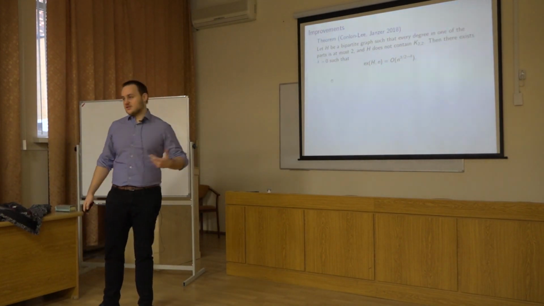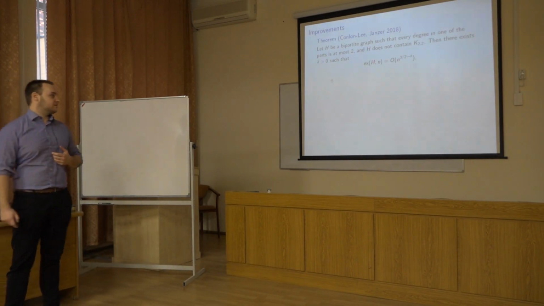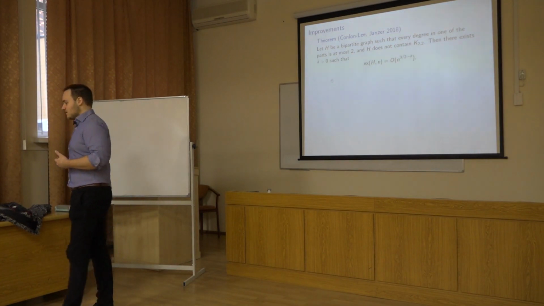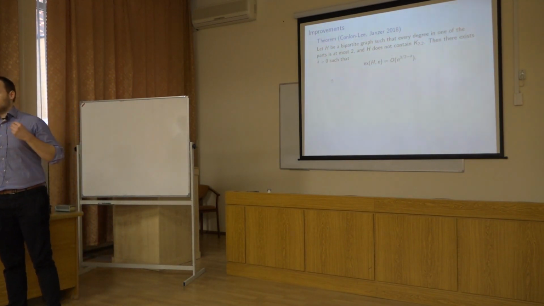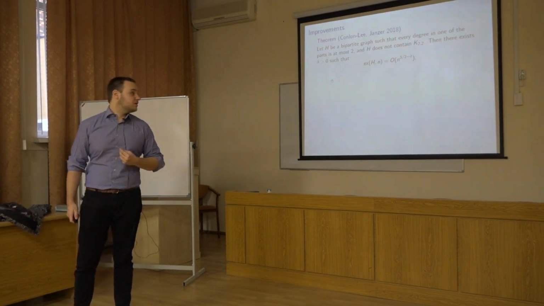The first result in this direction is a recent result of Conlon and later, in a stronger form, by Janzer. They looked at the first non-trivial case, when t equals 2.